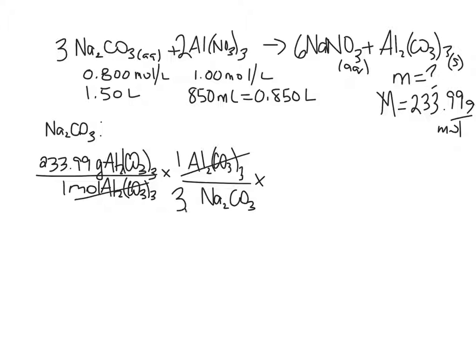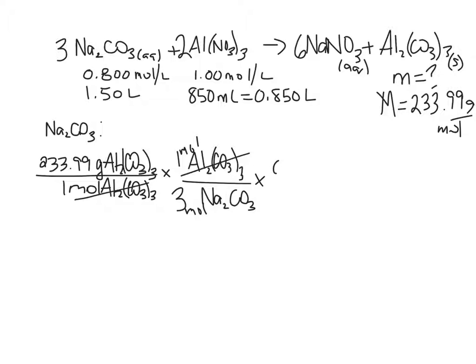And we've got moles. So now I want to get rid of moles of sodium carbonate, and you can see over here that we have a quantity with moles sodium carbonate.